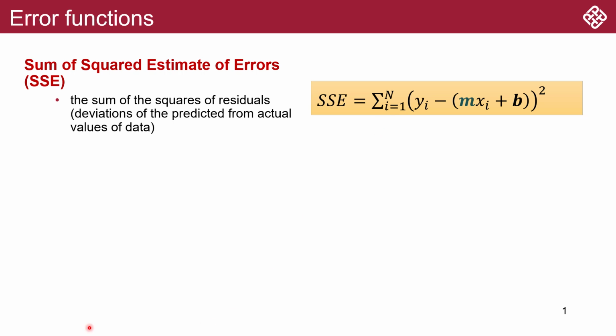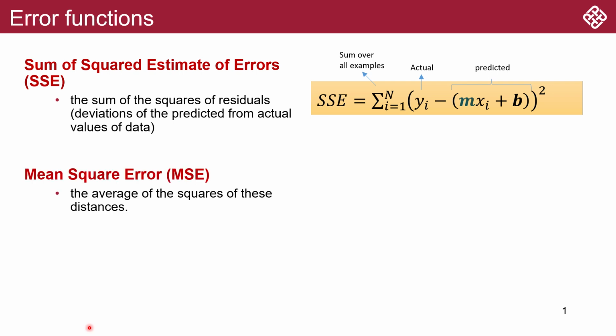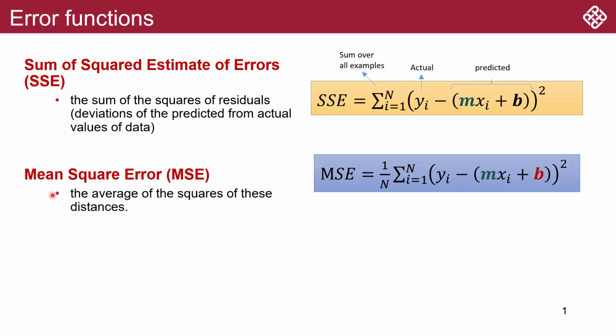But honestly, this one is not really good, because if you have more and more examples, the sum of the square estimate of error, SSE, will increase and increase. It's hard to have an objective comparison. So usually we will use the average, the mean square.